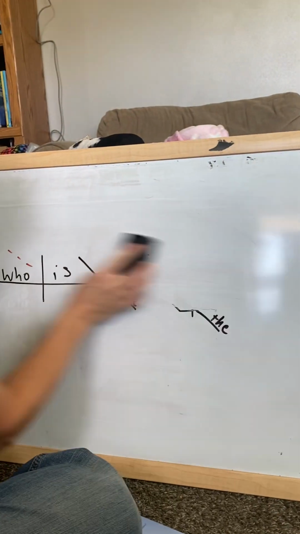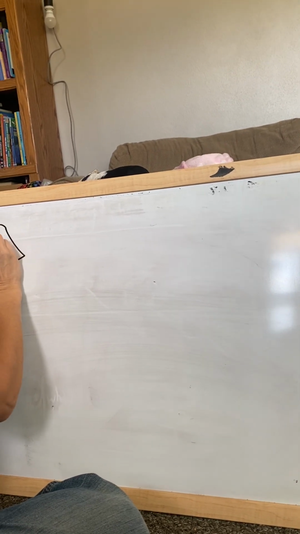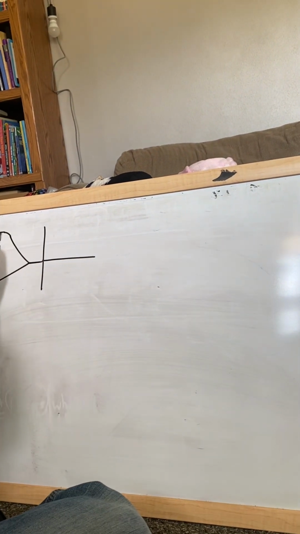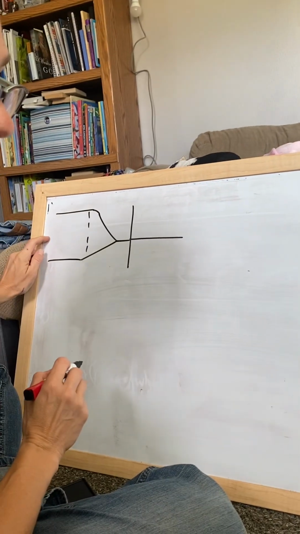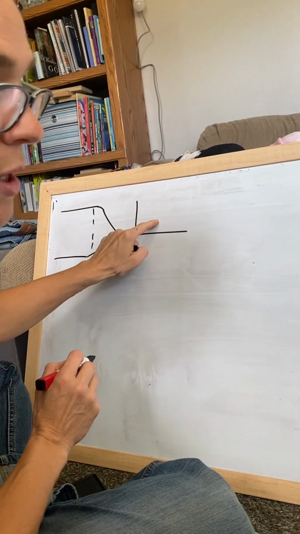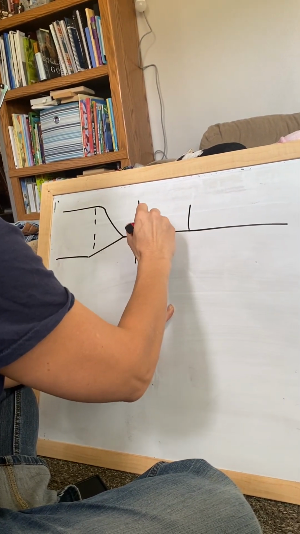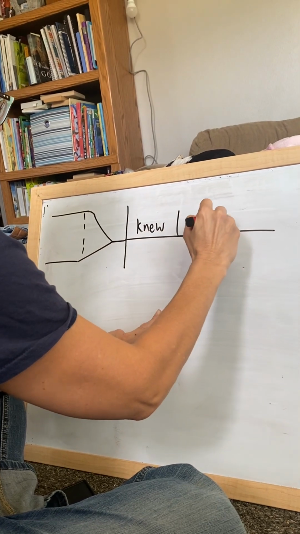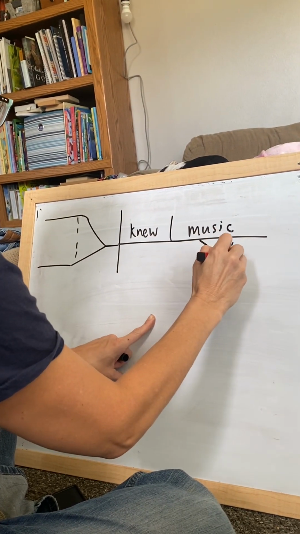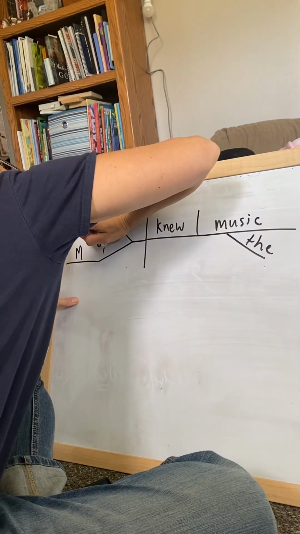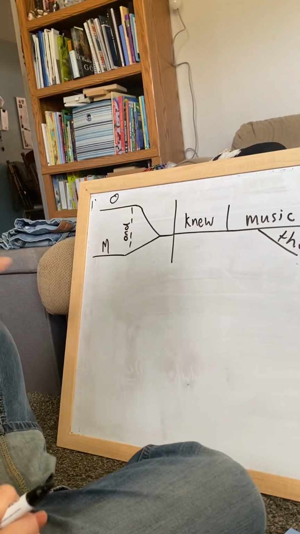Sentence number 3. Millie and Otis. All right, we have a compound subject. Remember how to do that? Millie and Otis knew the music. So we have SVTDO. It's Millie and Otis.